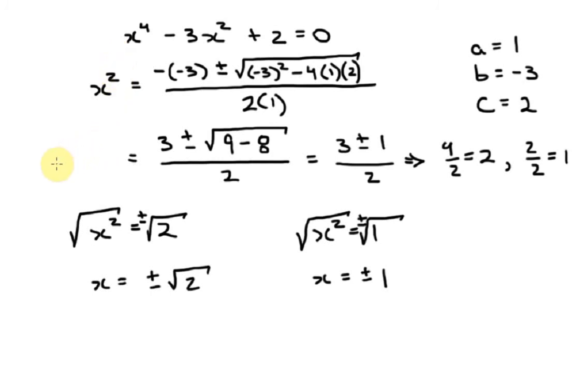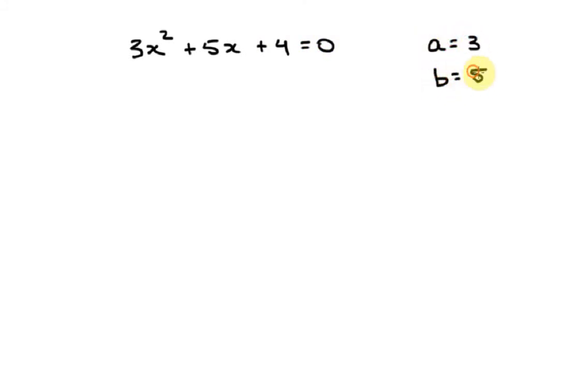On the topic of solutions, I'm going to do another example here. What if you were trying to solve something that looks like this? Say this was just a good old quadratic, and we said to ourselves, great, let's go ahead and solve this thing. A is 3, B is 5, C is 4.